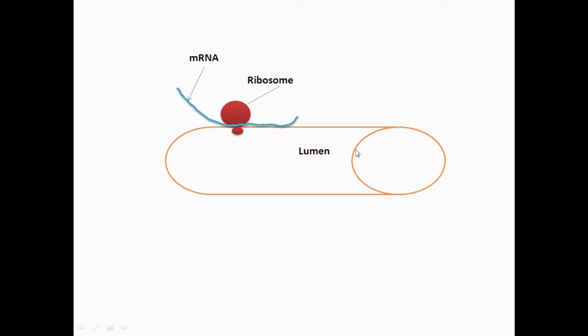Let us see what happens in the endoplasmic reticulum when mRNA reaches from the nucleus. Here it passes through the ribosome, and depending upon the sequence of codons in the mRNA, the amino acids will be attached here and will form polypeptide chains, which are ultimately called proteins.